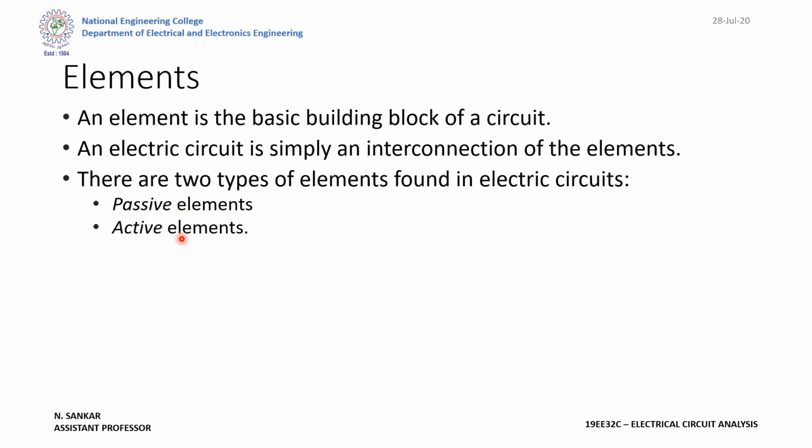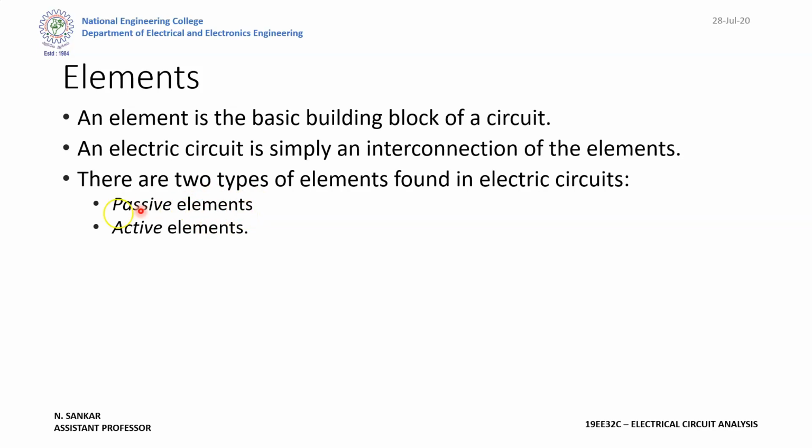In terms of the torchlight, the battery is supplying the power. It is giving the power to the lamp, so the lamp is just getting the power from your battery. Passive elements are the elements which are absorbing or consuming energy or power.